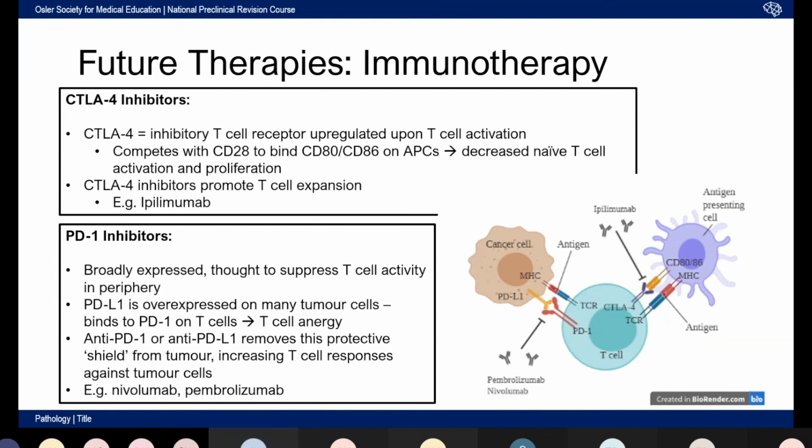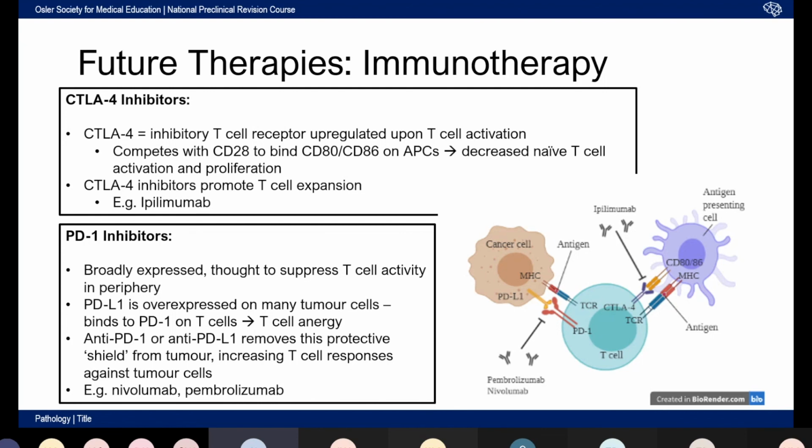If CTLA4 binds to APCs rather than CD28, then it leads to decreased naive T cell activation and proliferation, so fewer T cells are activated. And so CTLA4 inhibitors promote T cell expansion, which means there are then more T cells that could go on to attack the cancer. An example of this is ipilimumab.